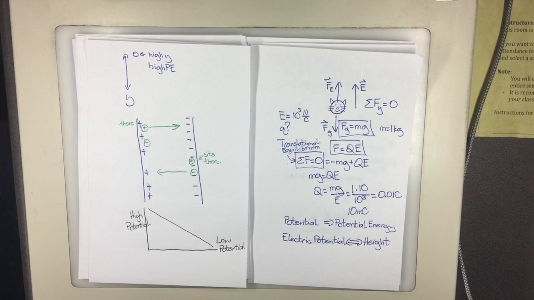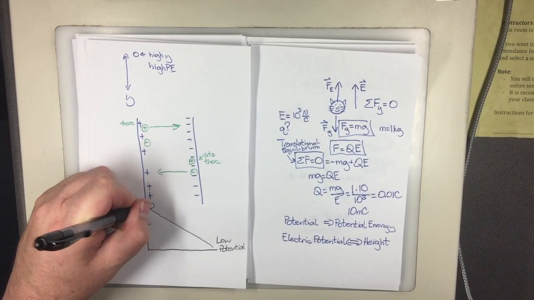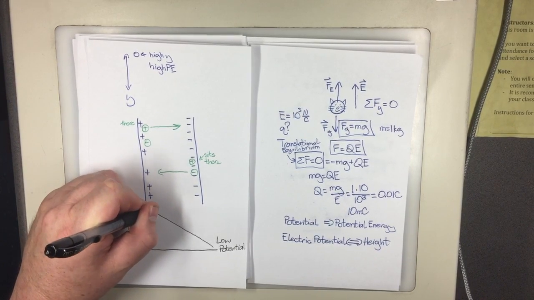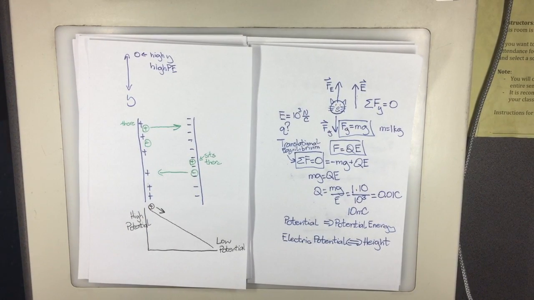And you can think of it as a high height and a low height. Now, positive charges act a lot like mass. If you have mass on top of a hill, that mass is going to come downhill. So positive charges will go down the hill.